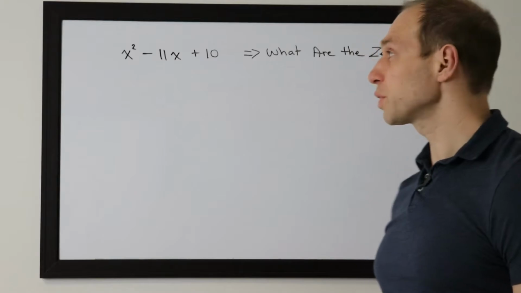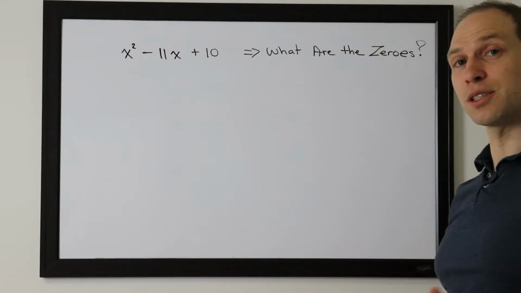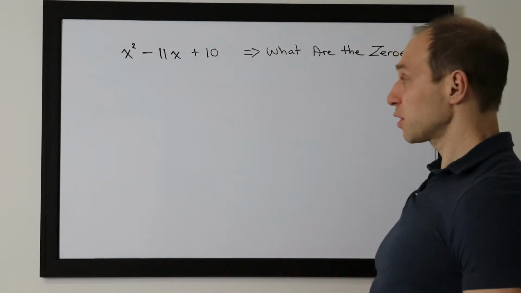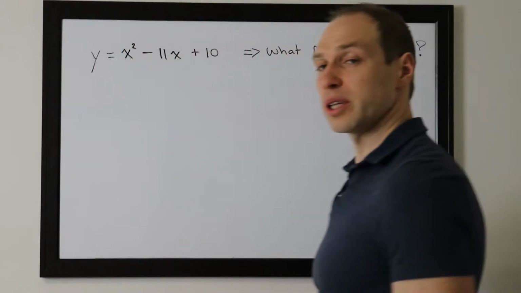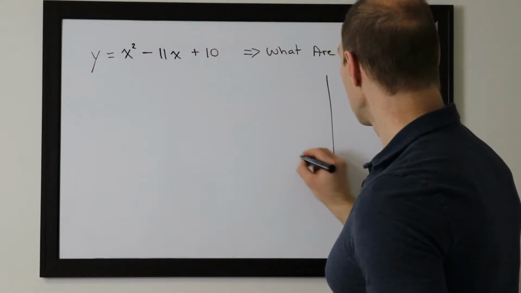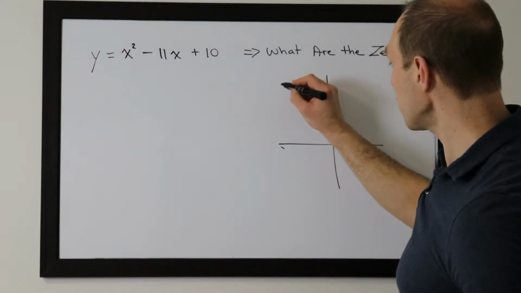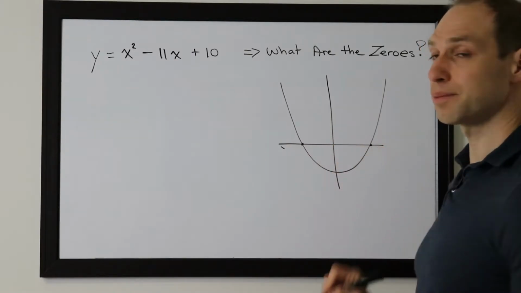Okay, we're going to look at the following example. We have x squared minus 11x plus 10. And the question is, what are the zeros of this relation? And so our biggest question is, if we have this relationship, essentially what the question is asking us, well, if we have a parabola, where will the parabola cross our x-axis?